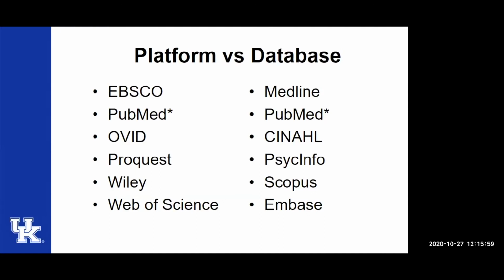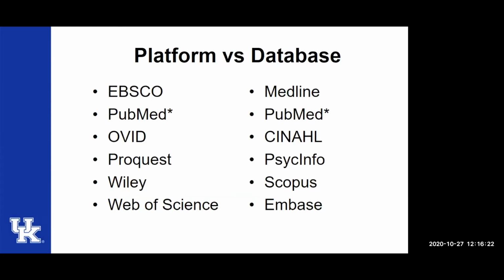However, PubMed is its own database because it also has content in addition to Medline. There are books in PubMed. There is PubMed Central, which includes the open access articles. There are also non-Medline indexed journals as well.